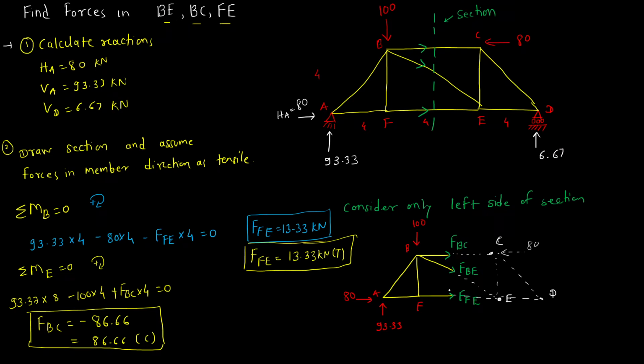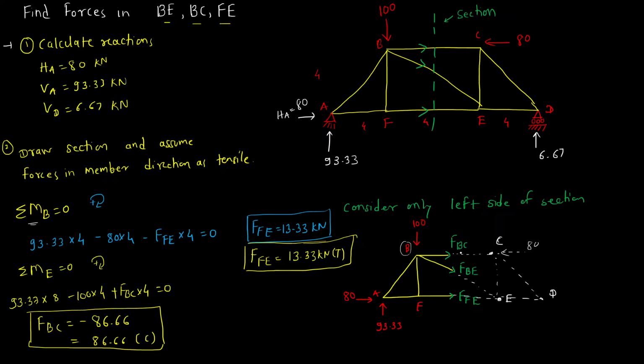So first we will apply sigma MB is equal to 0. This is point B, and we'll apply sigma MB is equal to 0. You can see that FBC and FBE both pass through point B only. Even the 100 is also passing through B. That means the moment of these three forces will be equal to 0.